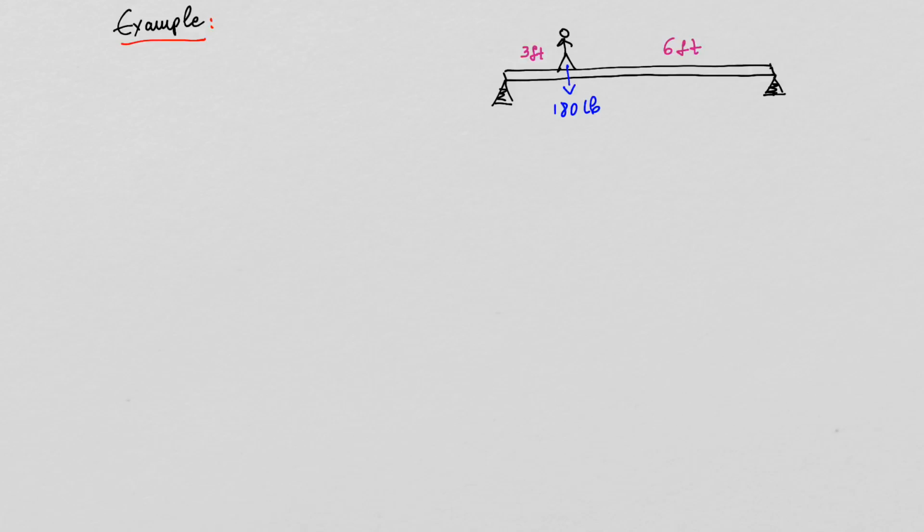And the question in this example is, what are the magnitudes of the two reaction forces F1 and F2 at the left and right support? So what are those two forces equal to?